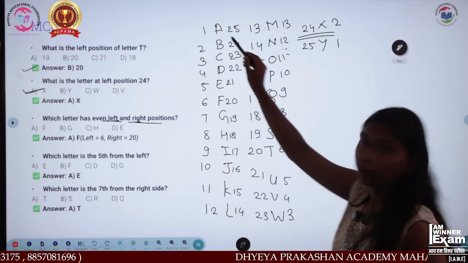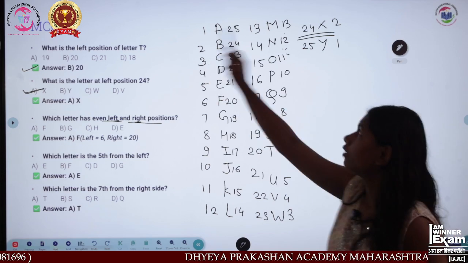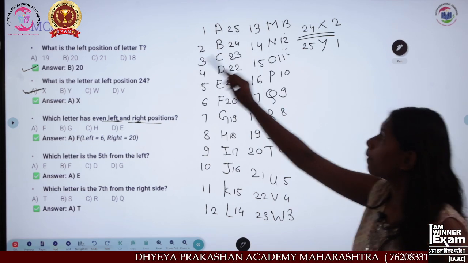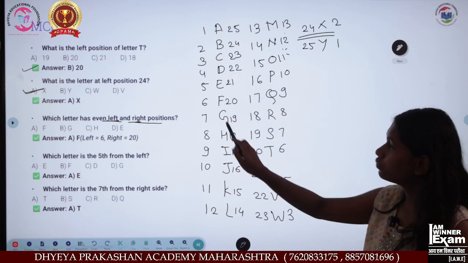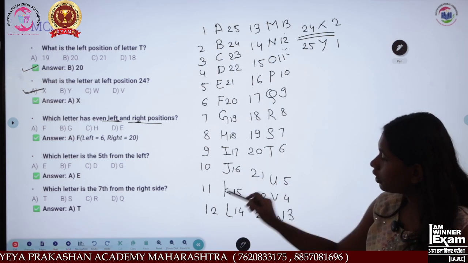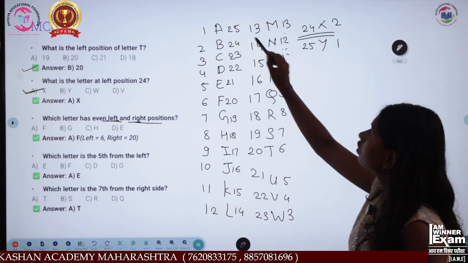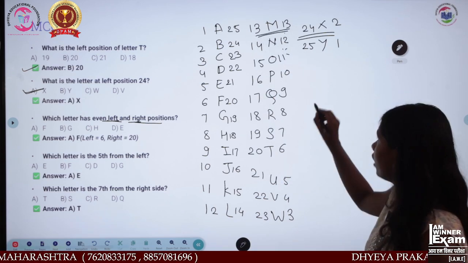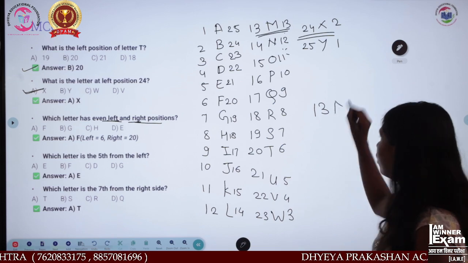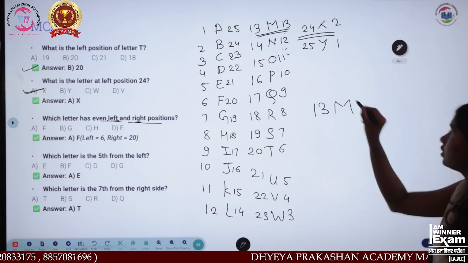Now, A, no, there is 1 and 25, they are not the same. Then B, C, D, E, F, G, H, I, J, K, L, M. Here is the M, which has the same number on the left hand side, that is 13, and on the right hand side, that is 13 only.